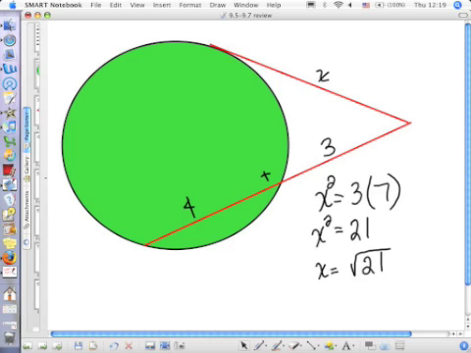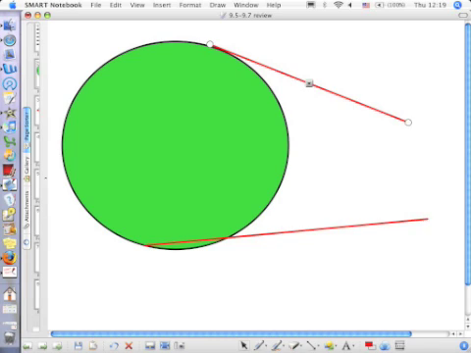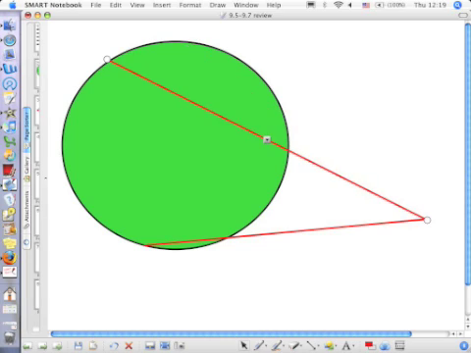Now, number 5, we had 2 secants, and the measures were x and 4, 3 and 5.